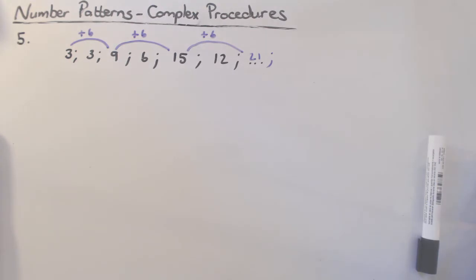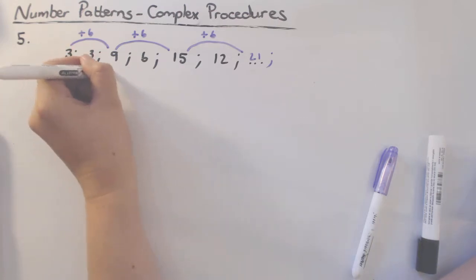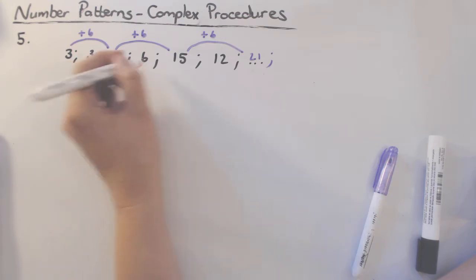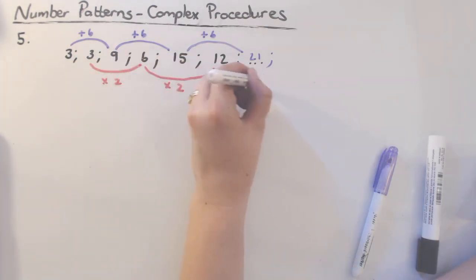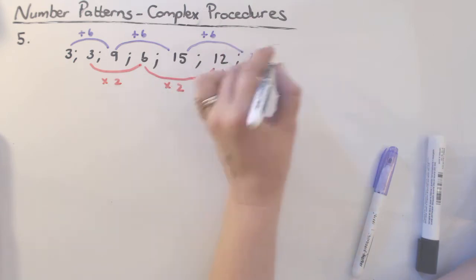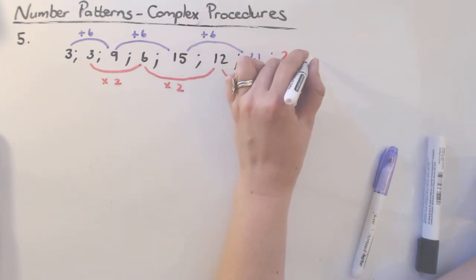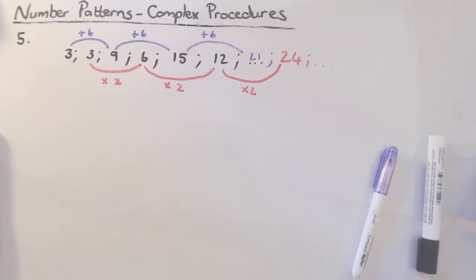And if I look at the other numbers, what's happening there is I've got times 2, times 2, times 2, which is 24, like that. Can you see that's what's happening here?